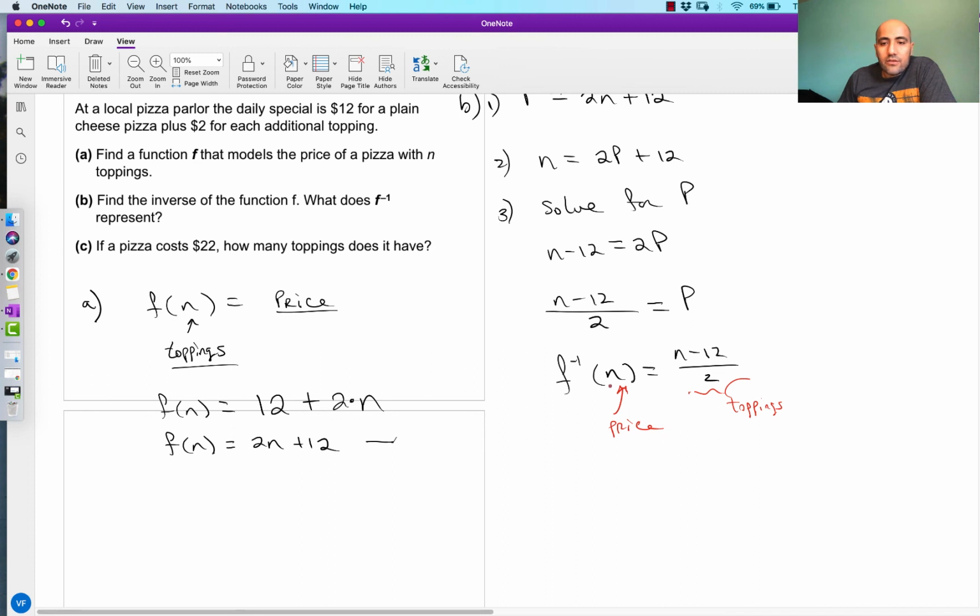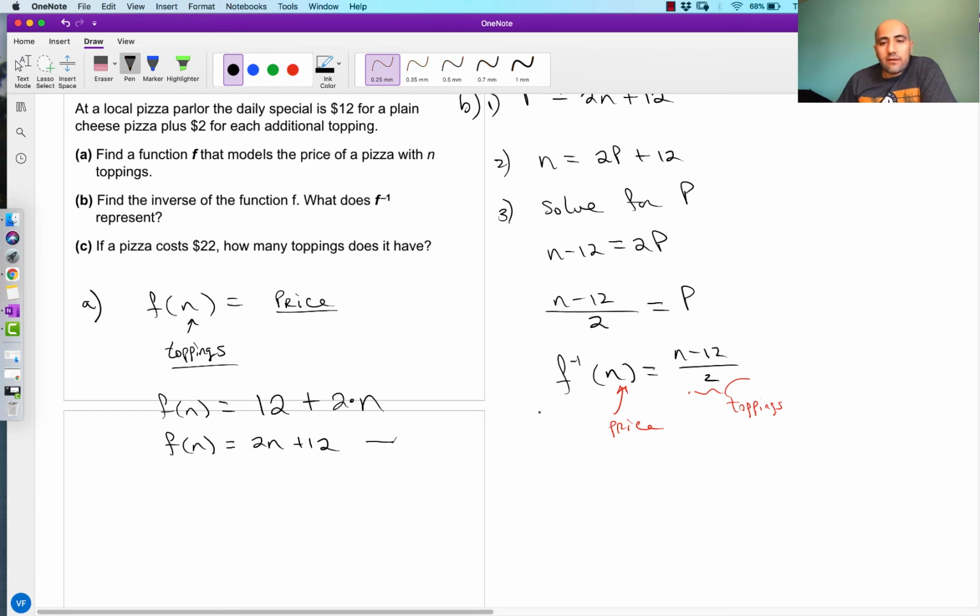So I can use, to express the exact same idea, any other letter, right? This is just saying, given an input, subtract 12 from the input and divide it by 2. That's what that says, right? So I can use any other letter. f inverse of a equals a minus 12 divided by 2. Same thing. Or f inverse of q is equal to q minus 12 divided by 2.